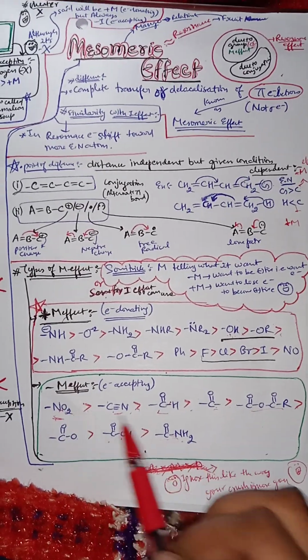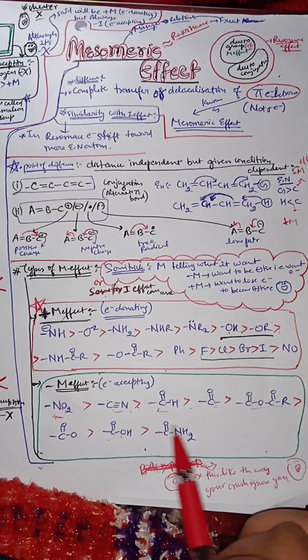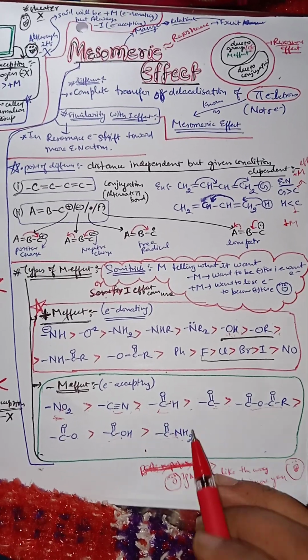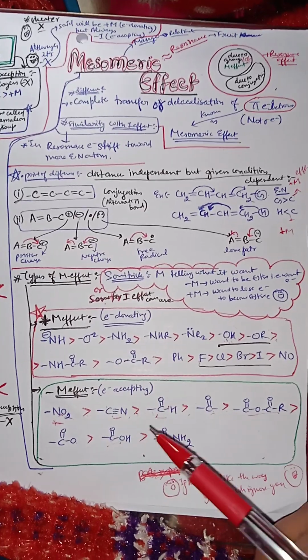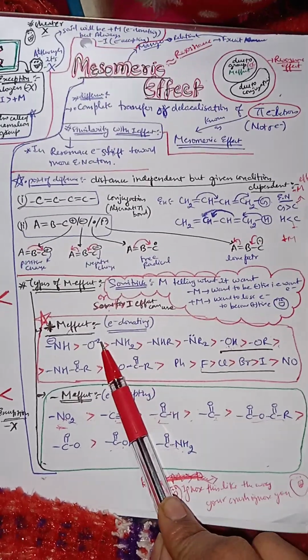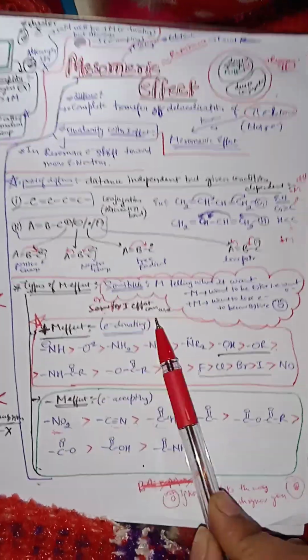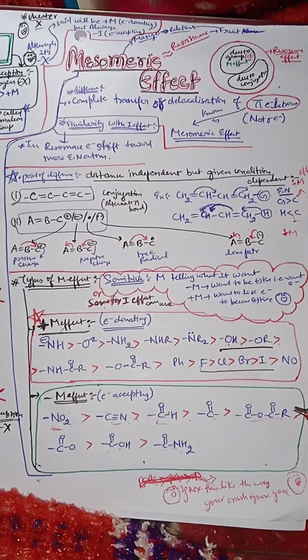Okay, so this is very simple and you will remember it easily. Just try to remember this, and the rest you can guess in plus M effect. That's how you can learn this easily.